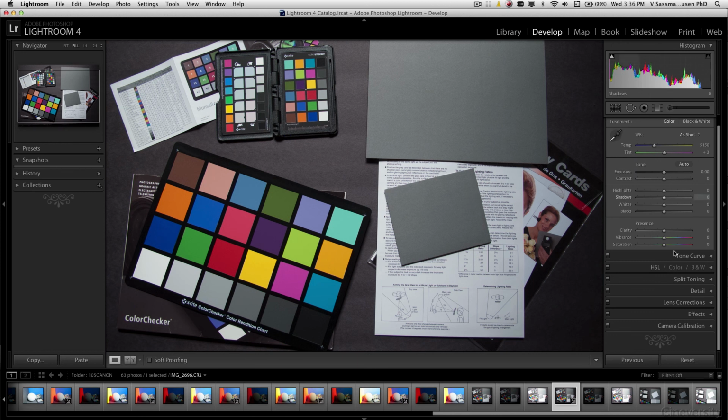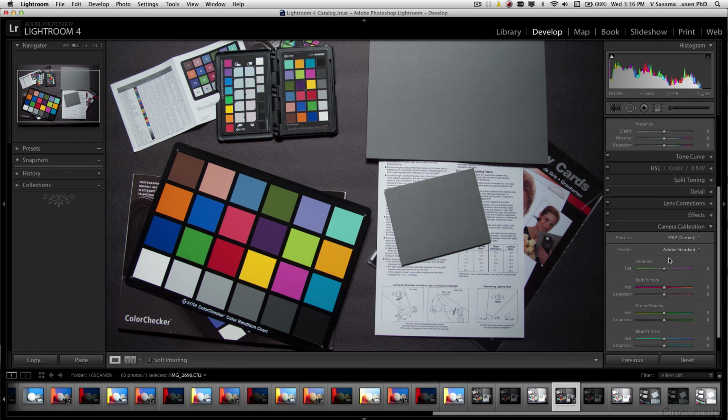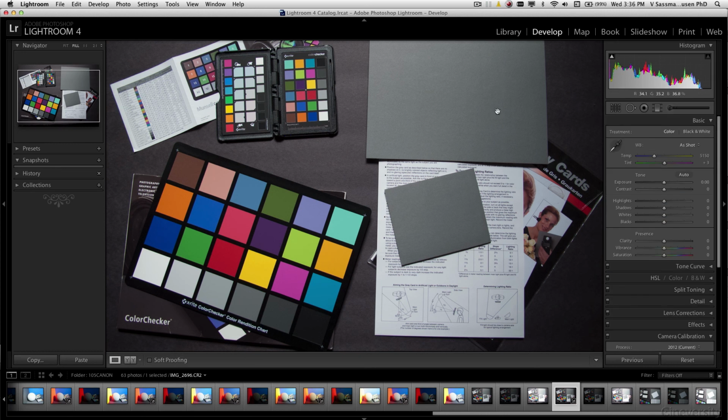So to work with just the standard process profiles is maybe not the best idea because it's an interpolation. And when we go into the game with our cards, we should handle them wisely.